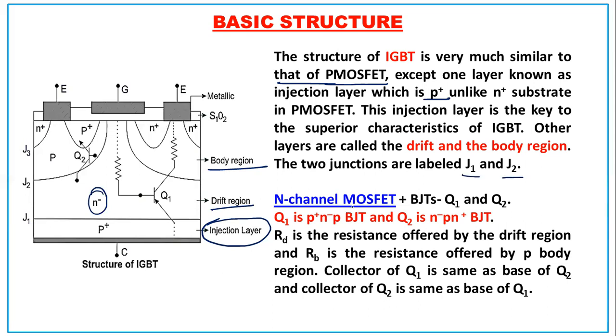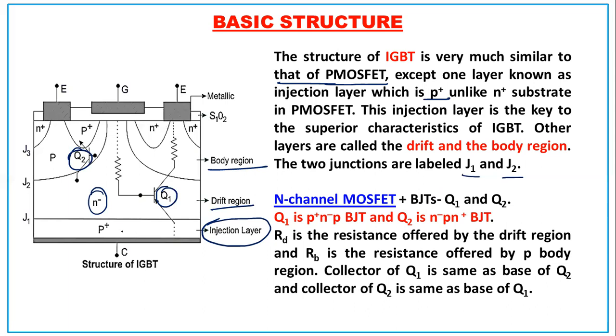So N-channel MOSFET plus BJT. There are two bipolar junction transistors here, Q1 and Q2. So we have a MOSFET here and then two transistors, Q1 and Q2. Transistors are of two types, you know, right? PNP and NPN.